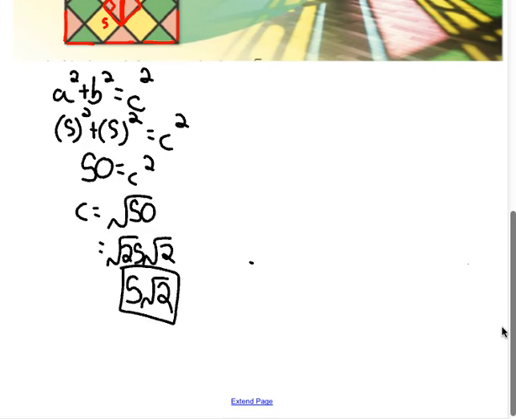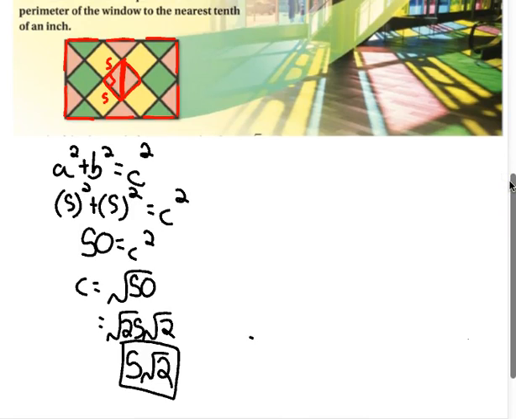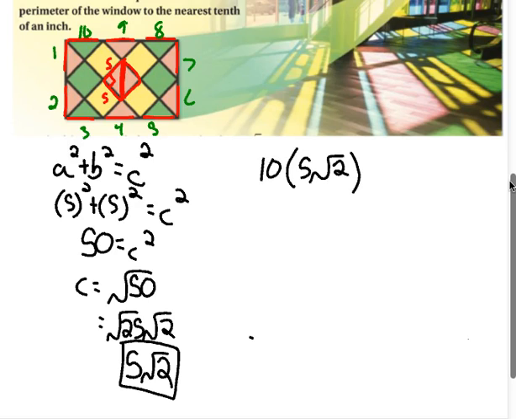So each of those little diagonals along the way is going to be 5 square roots of 2. Right? And how many of them do I have? 1, 2, 3, 4, 5, 6, 7, 8. So I have 10 of those little diagonals. Okay, so the perimeter of the window is going to be 10 times that.